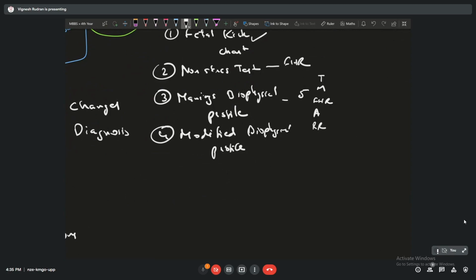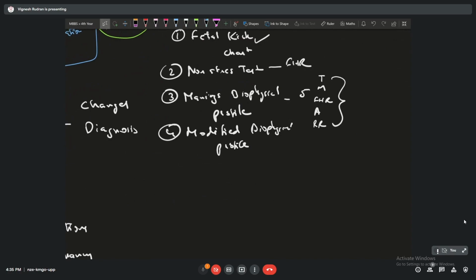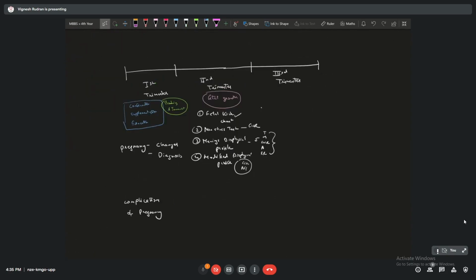I'm not sure, but based on these 5, you assess the well-being of the child. And then your modified biophysical profile, you have only your fetal heart rate and your amniotic fluid index. So these are all the various ways in which you can test the growth of the child. Other than this, these are all like investigations.